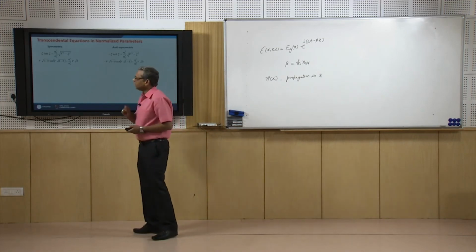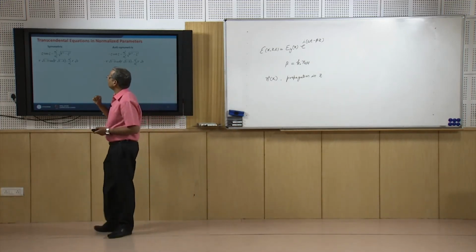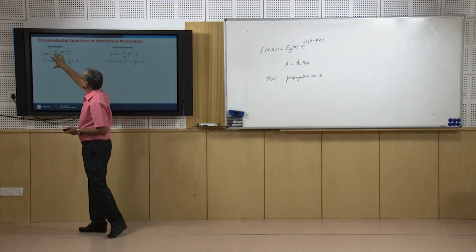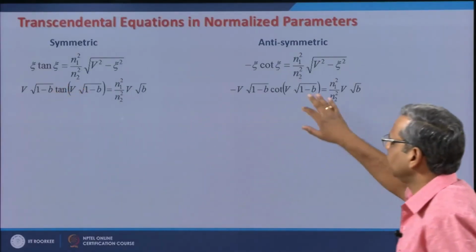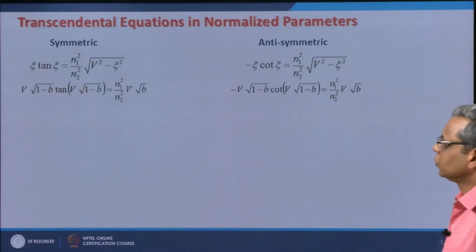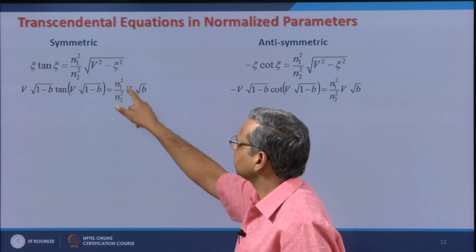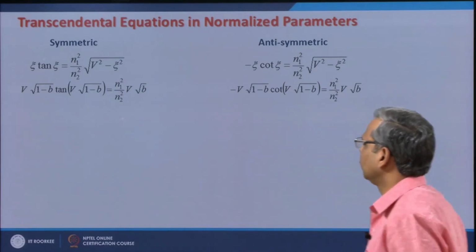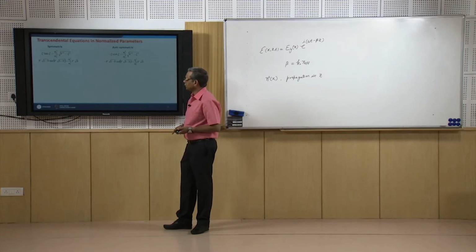In terms of normalized parameters, in the same way as I had done for the TE case, I can also write down the transcendental equation for TM modes, symmetric and anti-symmetric. So, the equations are similar, the only thing is this extra factor of n1 square over n2 square in both the symmetric and anti-symmetric cases.